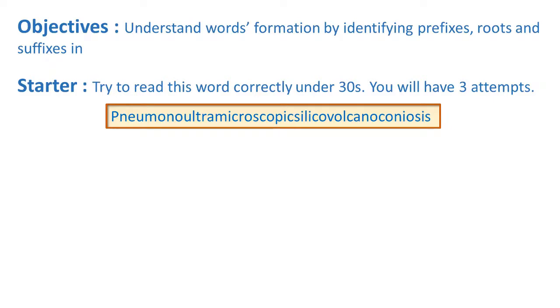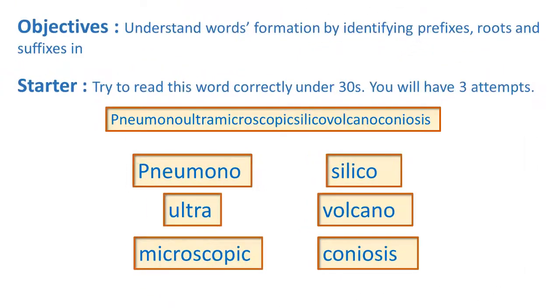If he cannot do so, together we'll split the word into small chunks and see how easy he can pronounce the word. The purpose of this starter is to see that word can be split into chunks. And through discussion, he will realize that this long word is actually a real word, which is kind of a lung disease.